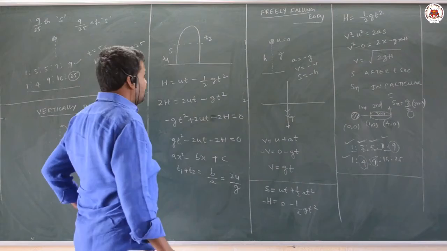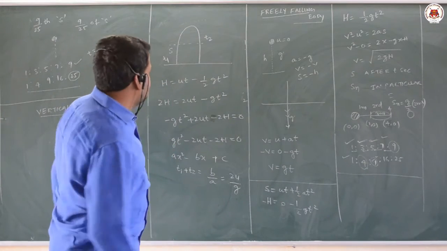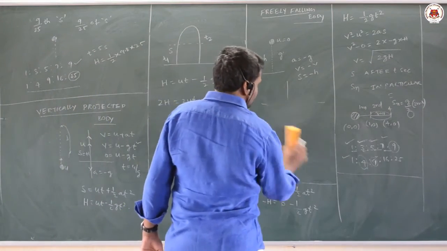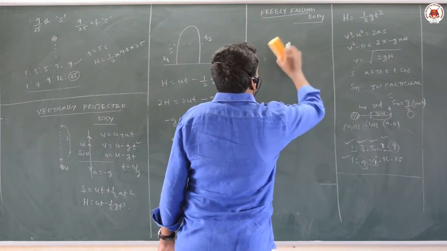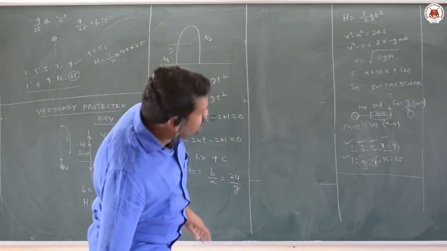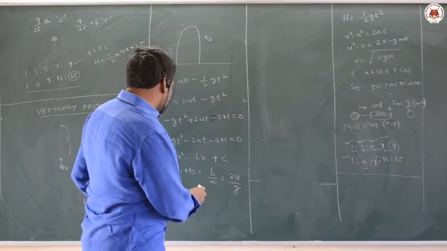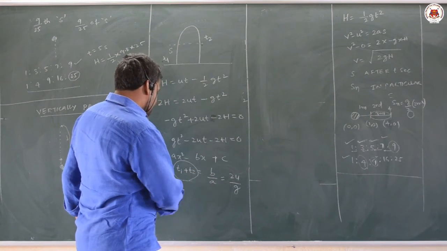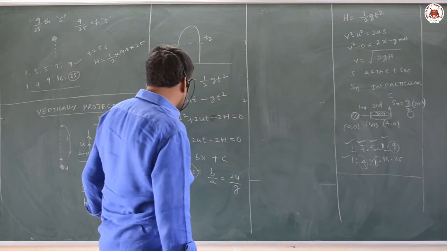That means if a body is at the same horizontal level, at the same height, after two time intervals t1 and t2, then the sum of the times is t1 plus t2 equal to 2u by g.